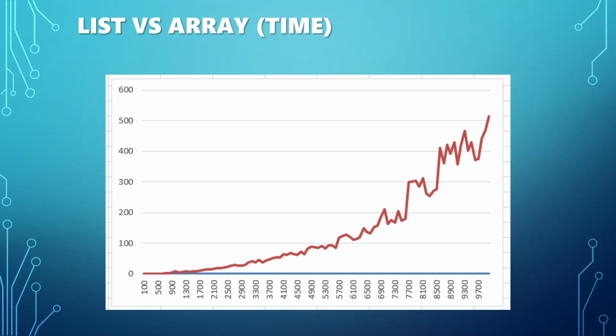But actually, if we're talking about time complexity, the calculation of time complexity doesn't use time in its real understanding. We don't use milliseconds or seconds to calculate the time complexity. No, we don't use it.